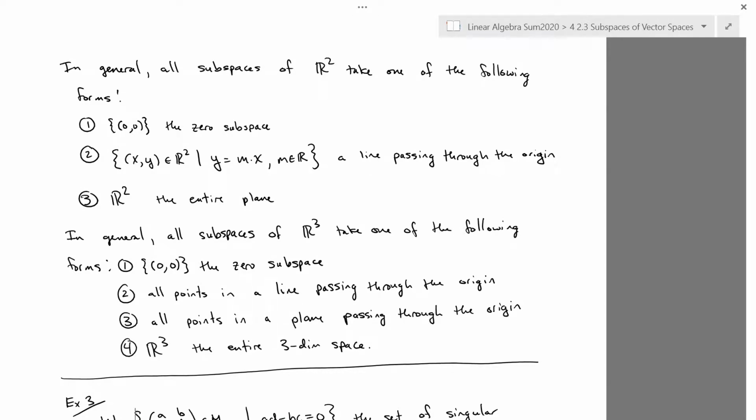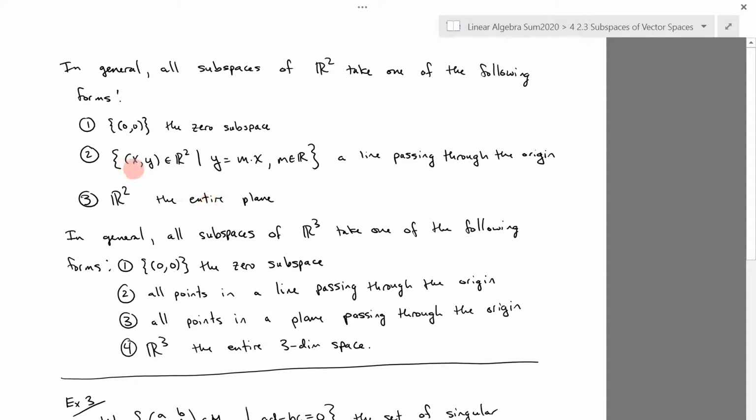Okay, so in general, all the subspaces in the plane or in three-dimensional space are not too difficult to describe. Right, so as before, the zero subspace is always a subspace, and the space itself is always a subspace.